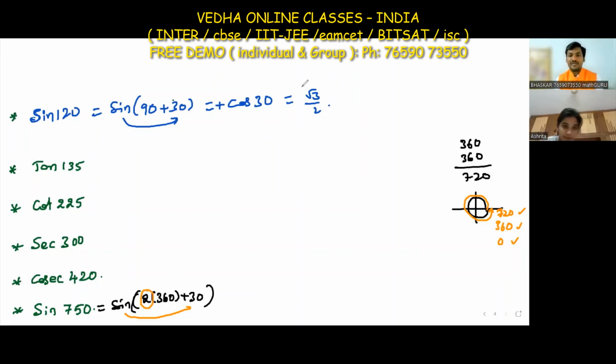So 2 into 360 won't be considered; we take directly sine 30.